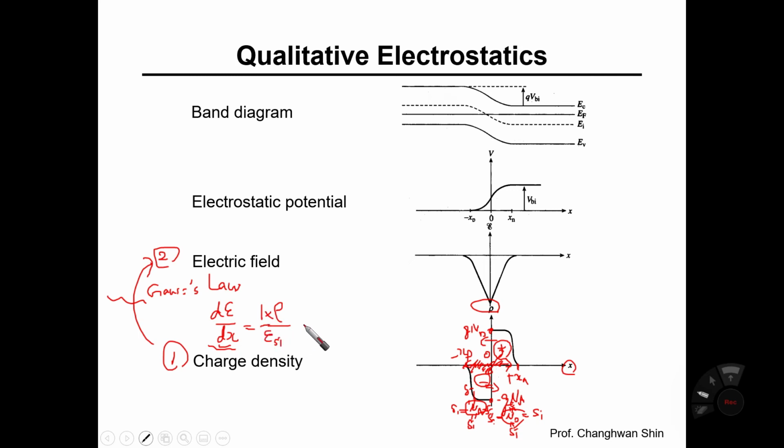Using this Poisson's equation, we can solve for the electric field intensity as a function of X.